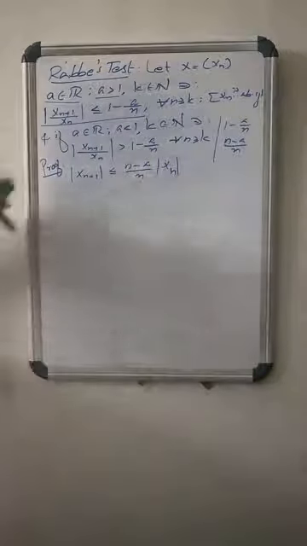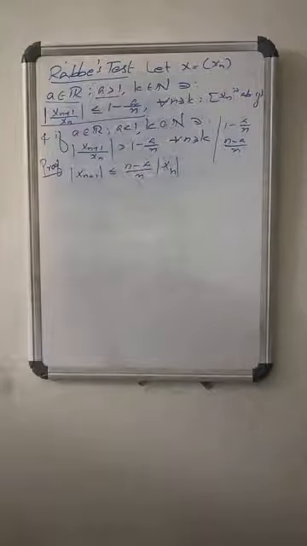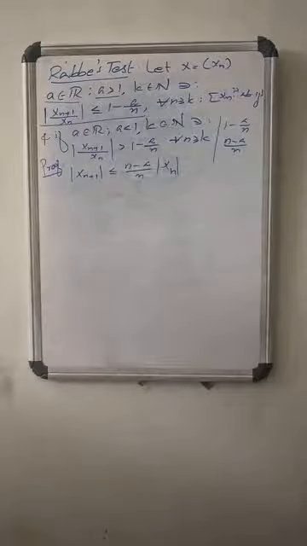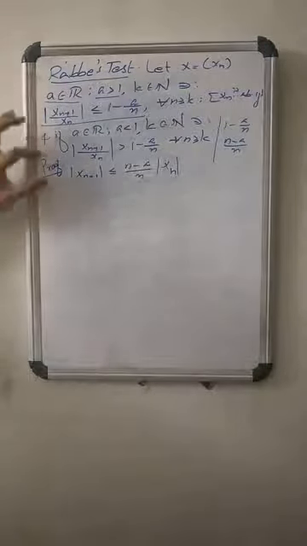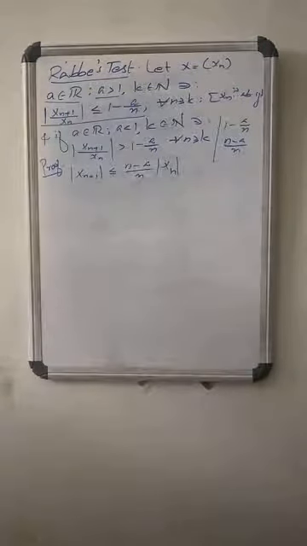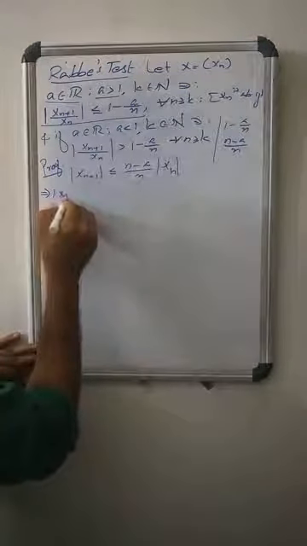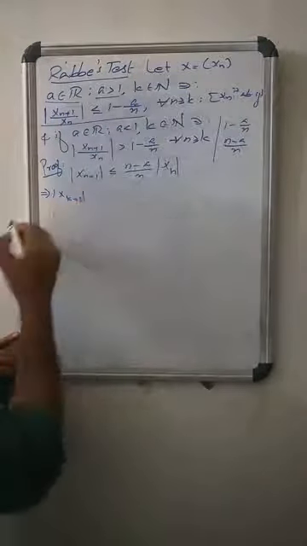If the first inequality holds, then modulus of xn plus 1 less than or equals n minus a by n into mod xn. That means, what is modulus of xk plus 1? Replace n by k.